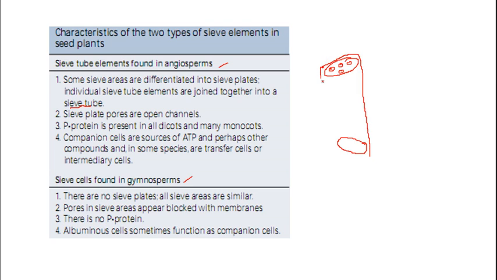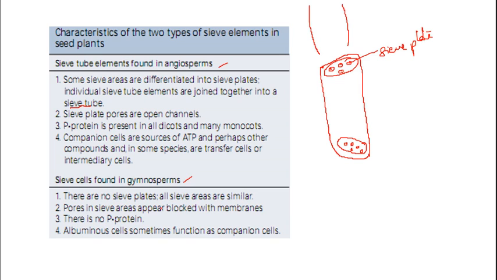I'm drawing a rough picture. This is one sieve element, and several of them are connected in this way to form a long tube. And these are the sieve plates. So this is the characteristic of sieve tubes in angiosperms.